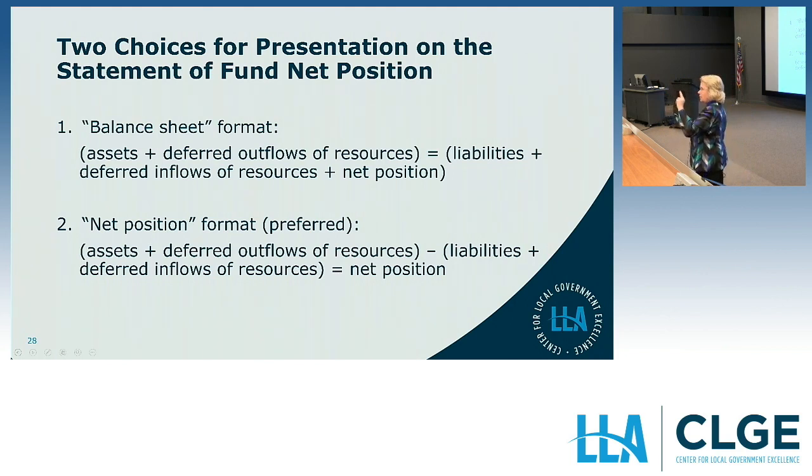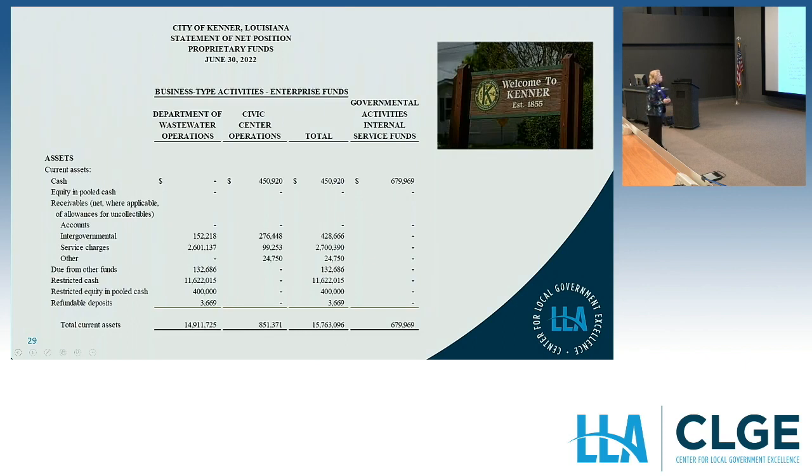It doesn't have to necessarily be the balance sheet format with those 2 totals that we saw that balance, but the net position format is your assets plus deferred outflows less your liabilities plus your deferred inflows equals your net position. So that's the net position format. That's what's preferred by GASB, hence the name, statement of net position. But for the old ones, until we all retire, some will choose to do the balance sheet format. So we get 2 choices for those.